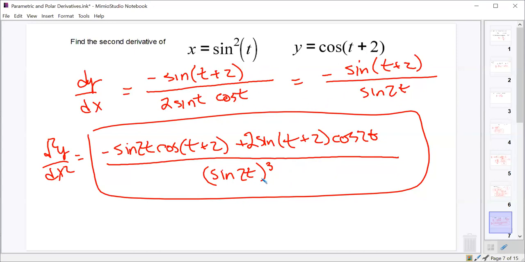So rather than have a sine 2t squared from our quotient rule, we're going to have a sine 2t squared times a sine 2t, which becomes sine 2t cubed. Does that make more sense or no? Does that help? Nikki, you're good with that also? Okay. Anybody else have an issue with that, or everybody okay there?